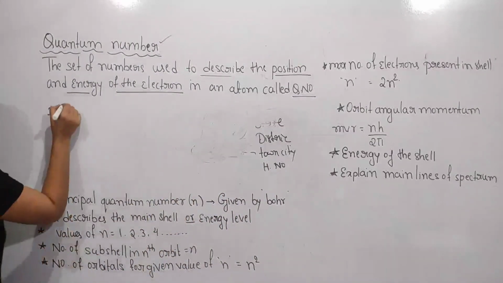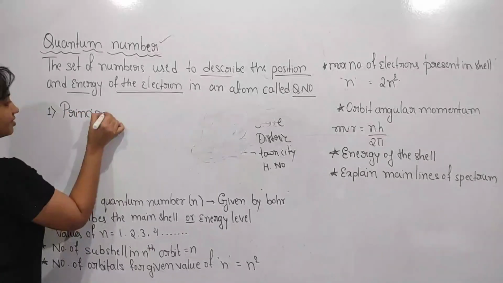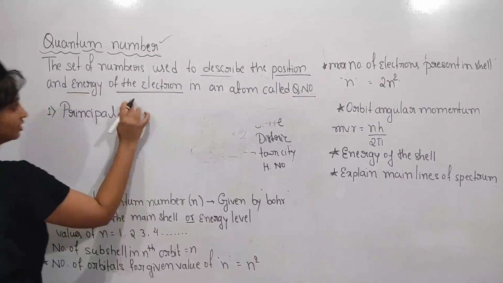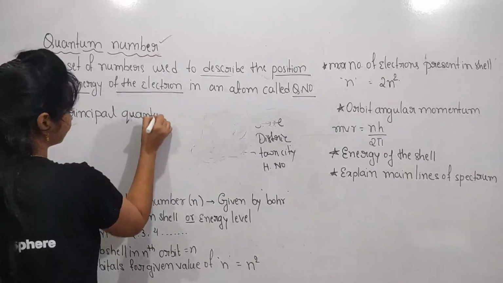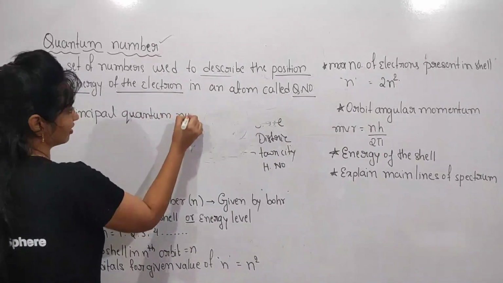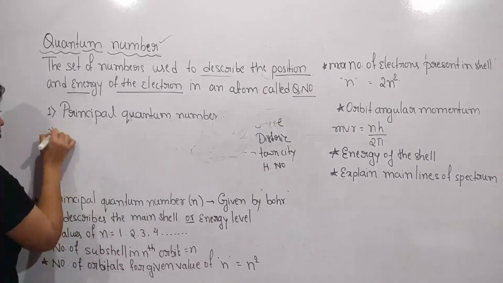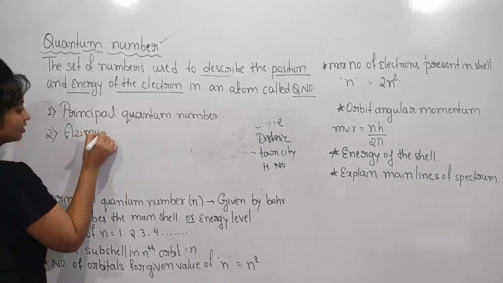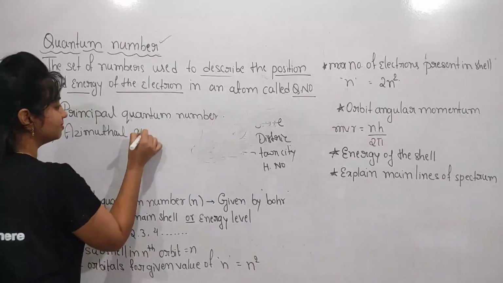Those are: first one is principal quantum number. Second one is azimuthal quantum number.